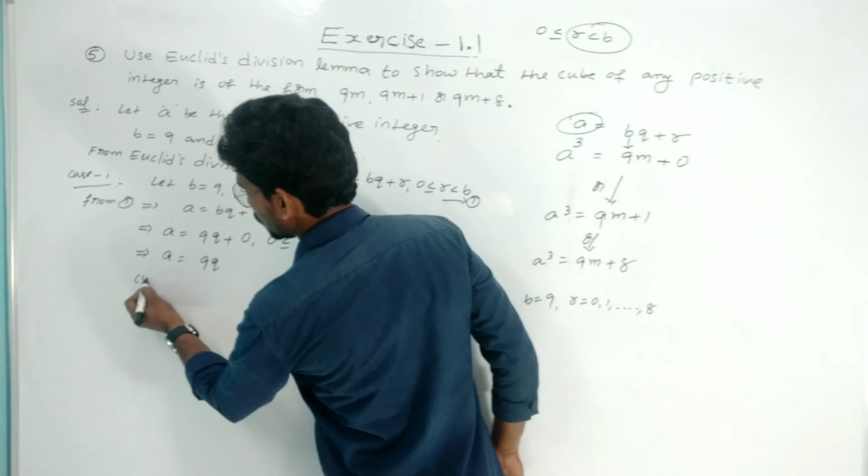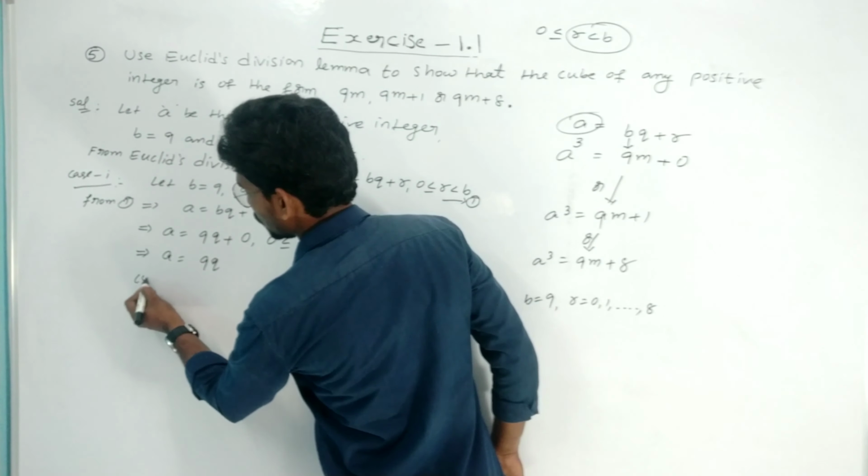Now a cube is equal to (9q) whole cube. 9 cube means 729 q cube, plus 3 into 9 square means 81 q square into 1, that is 81 q square, plus 3 into 9 is 27, 27 q into 1 square, plus 1 cube means 1.